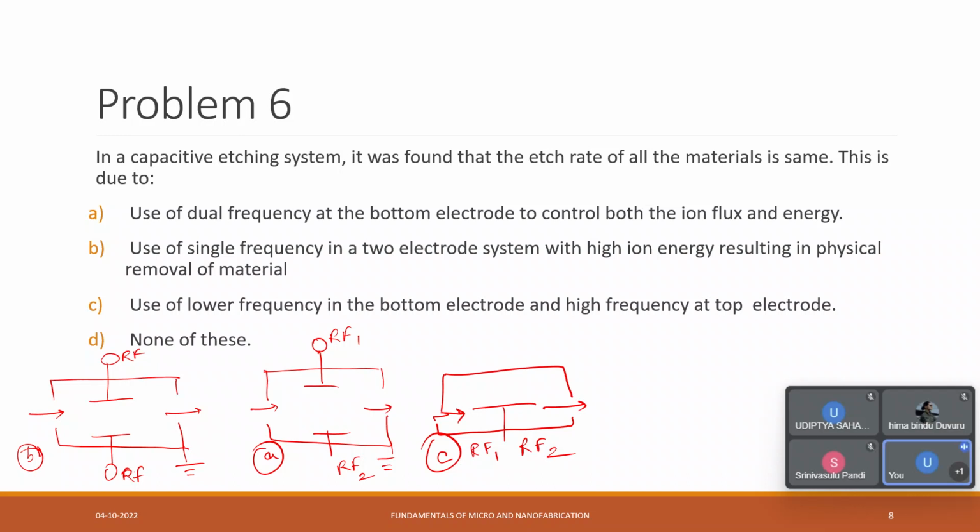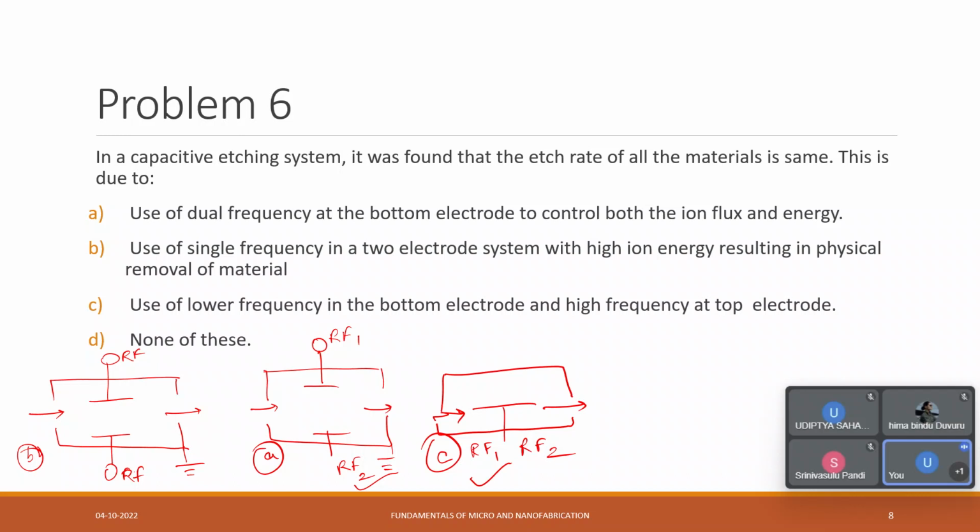Because we are using two different frequencies in options A and C, the control is much better. While in option B, the frequencies are the same, and the control on the ion energy and ion flux is very difficult.